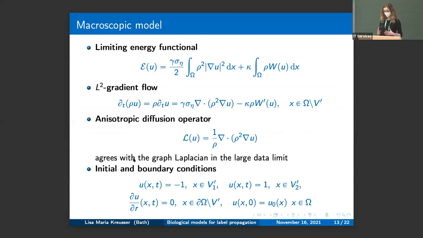But basically, based on those arguments, one can come up with a limit in energy functional and L2 gradient flow. And in fact, it turns out that the first term of this L2 gradient flow is related to an anisotropic diffusion operator as given over here.